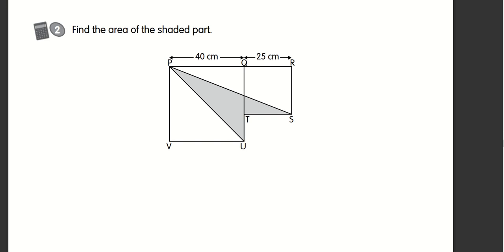In this case, you're supposed to find the area of the shaded part. Here it is already drawn for you. The shaded part P refers to PSTU.